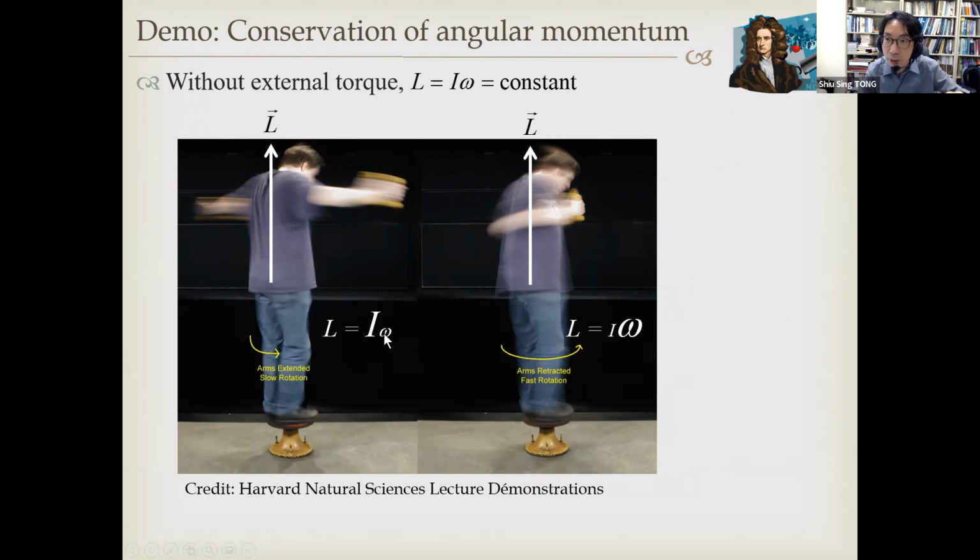Initially, you are spinning slowly, so you have a large I and a small omega. But when you contract your arms, the moment of inertia becomes less. So I decreases, and correspondingly, if L remains a constant, that means omega will increase. So you'll be spinning fast. You will see the person, when they contract their arms, spinning faster and faster.